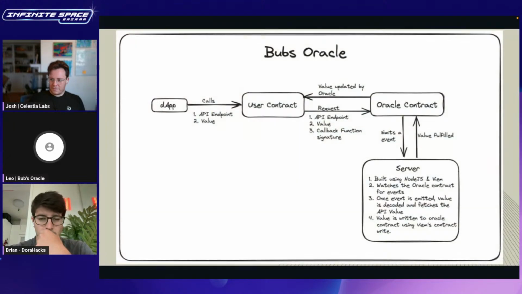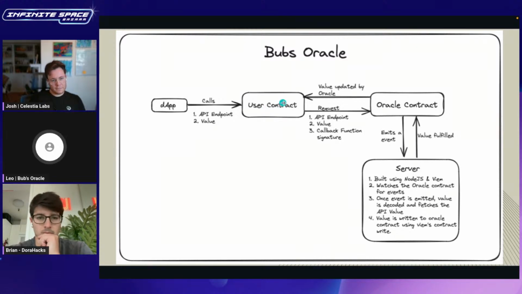What we have built here is an Oracle on Bubs testnet. An Oracle contract has been built, and this Oracle contract helps us call external off-chain data APIs, get this API data and make it decentralized. So here is the flow. The dApp will have a call for the API endpoint. This user contract is our contract in which we initialize the Oracle contract to make external API calls.